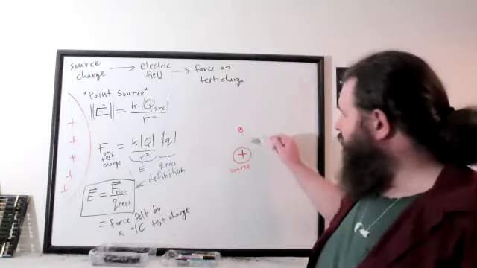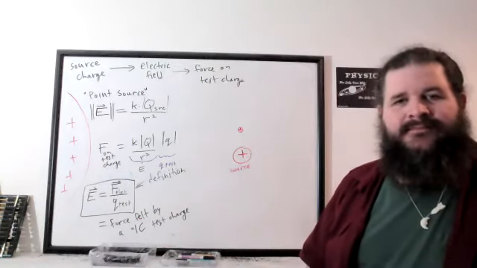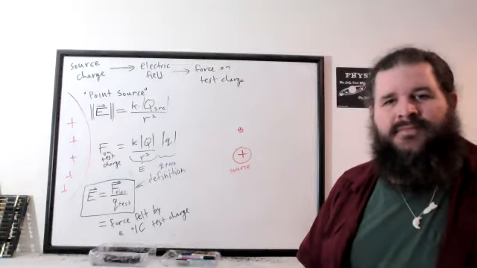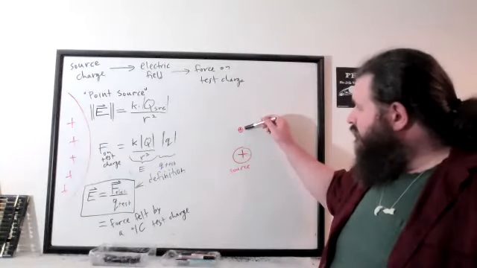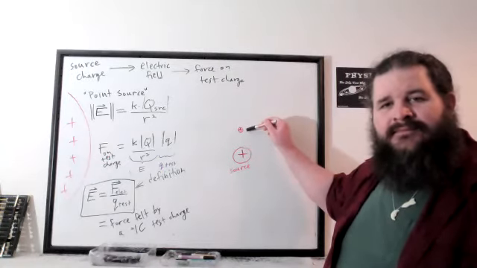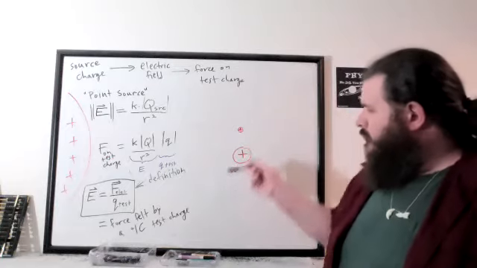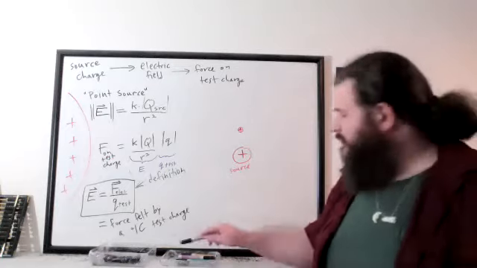If these are both positive, what are they going to do to each other? They should repel, which means this test charge gets pushed in which direction? Yeah, north. North or up or whatever you want to call that direction.